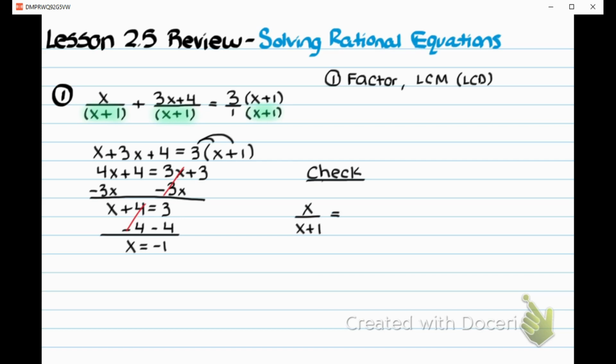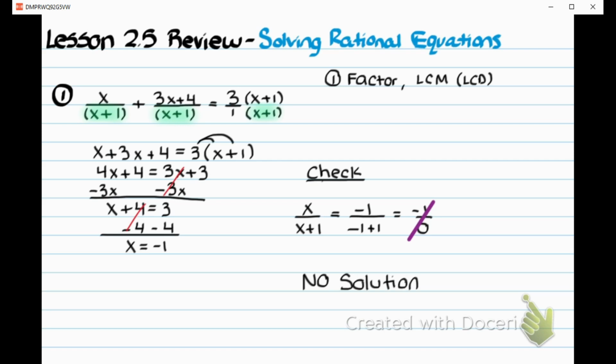If I plug in the value of -1, that would be -1 over -1 plus 1, which would actually make -1 over 0, which doesn't work. So if it doesn't work in any of the fractions that you have in your original equation, then that value cannot work. And in this case, since that doesn't work, there is no solution.